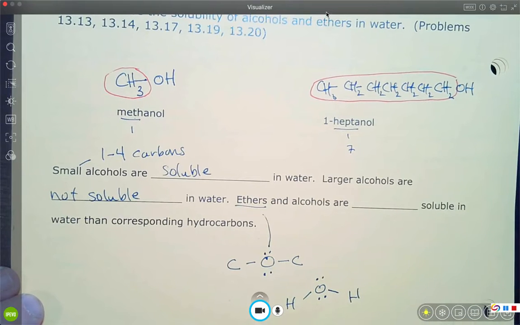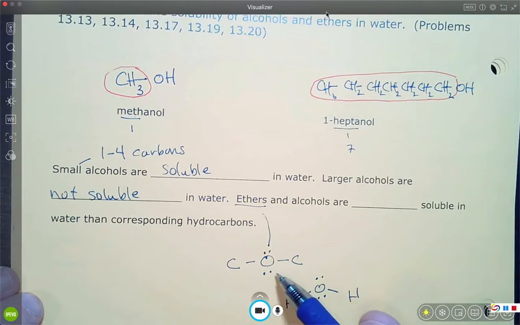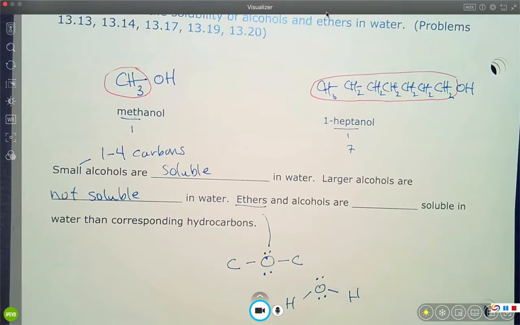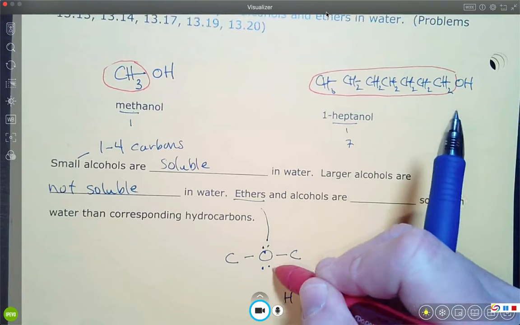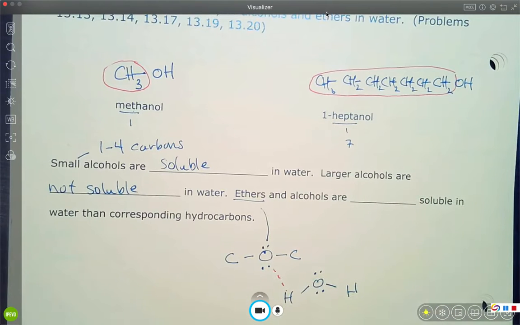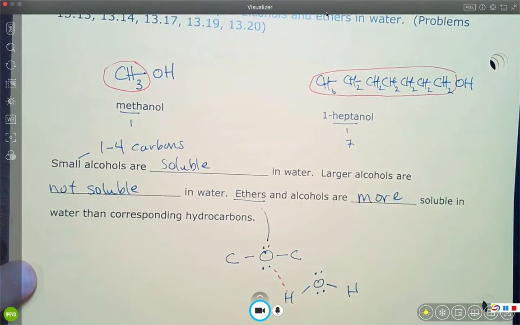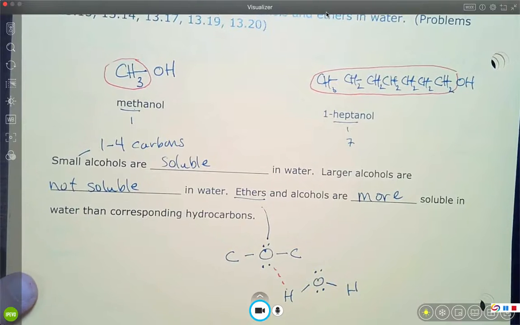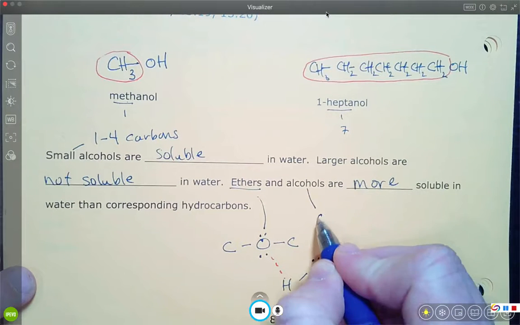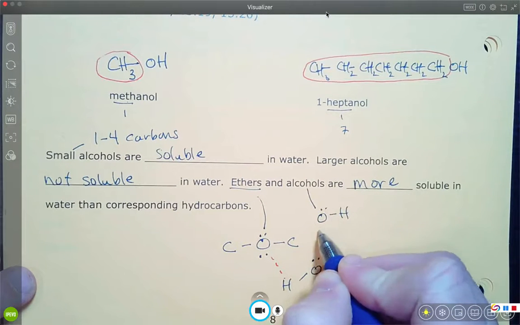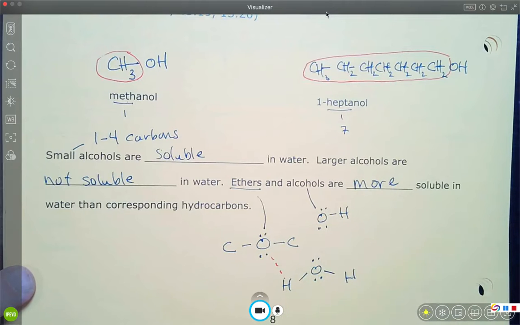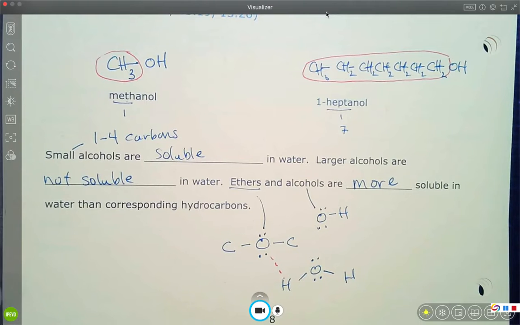And there is some attraction via hydrogen bonding, which we'll talk about in Unit 5. So ethers and alcohols are more soluble in water than corresponding hydrocarbons. So, alcohols have this OH, and again, they have the lone pair. They can participate in hydrogen bonding. Not that that's essential for this unit, but it's good to think about going into Unit 5.